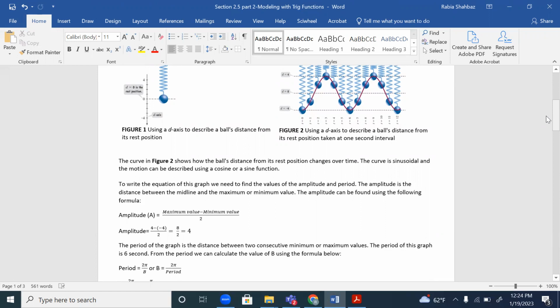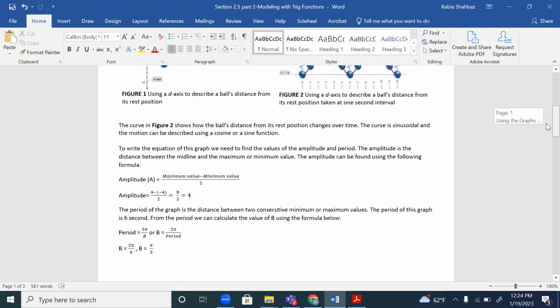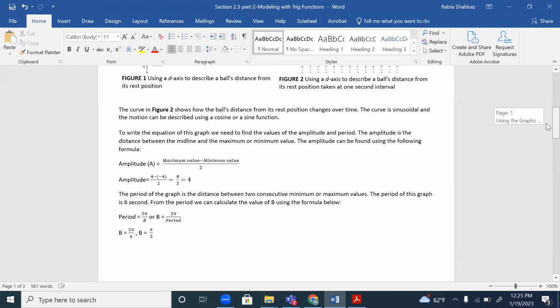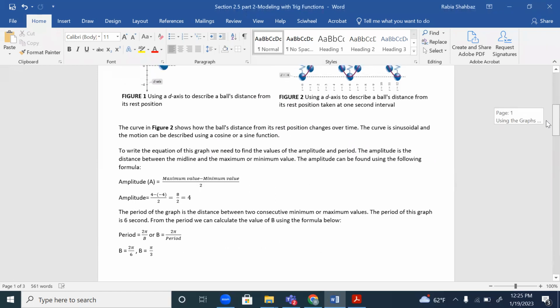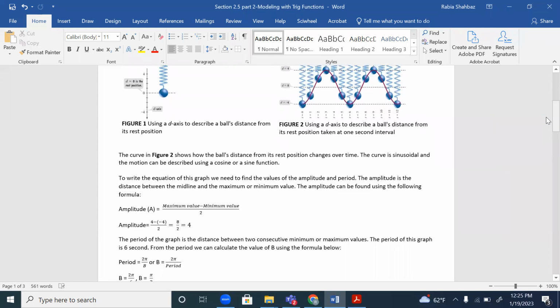Amplitude, which is the distance between the midline and the maximum value, is 4. And like we said, the period is 6, which we can use to calculate the b value of this equation. So b is going to be 2 pi over 6, which simplifies to pi over 3.